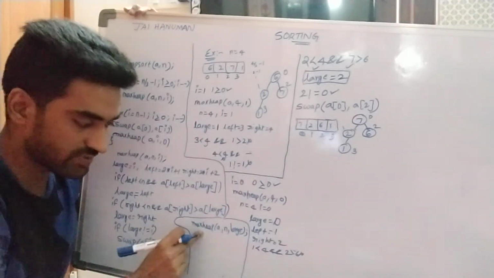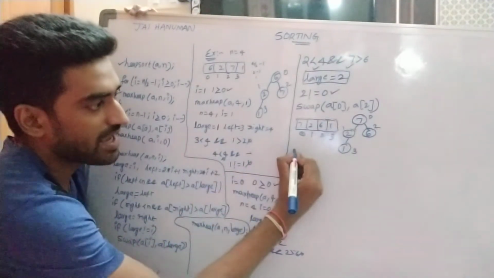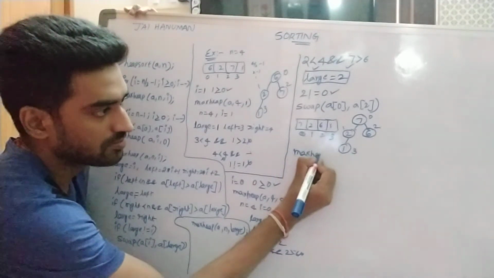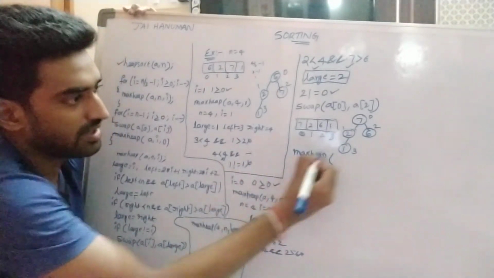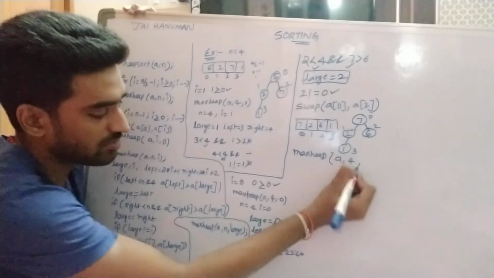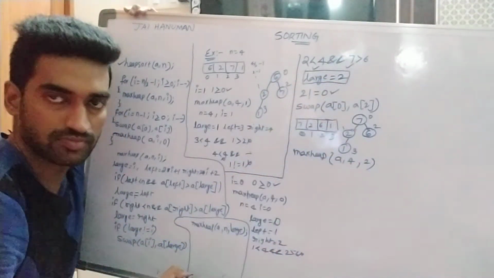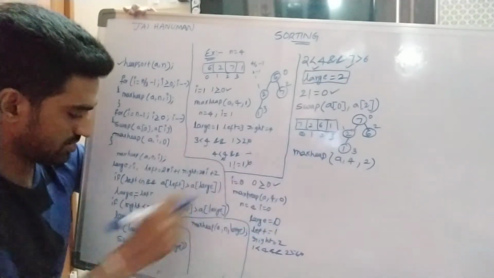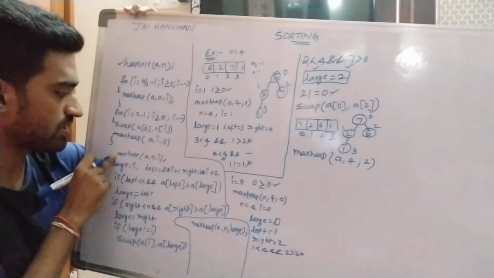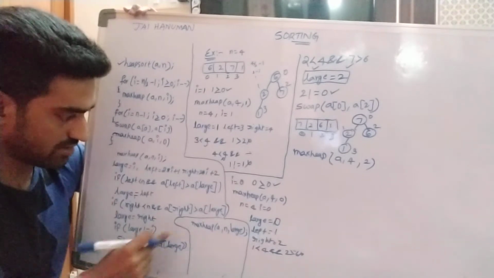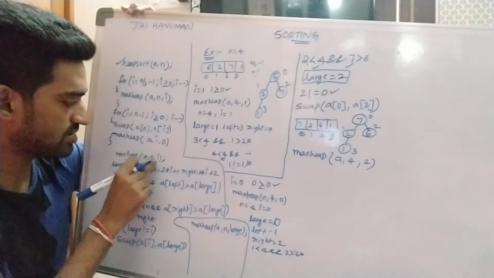Again we are calling this function max heap with A comma 4 comma large. What is the large value? 2. I am calling this function, so here again the control is passed to this one. These parameters are copied into these parameters.